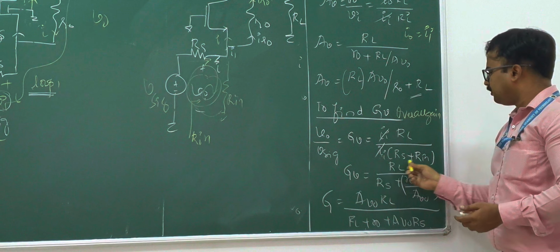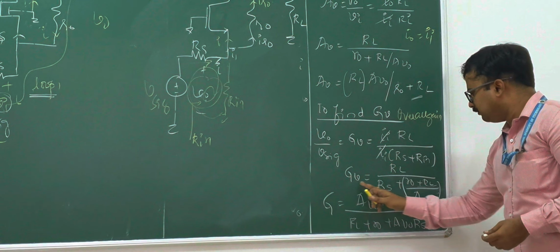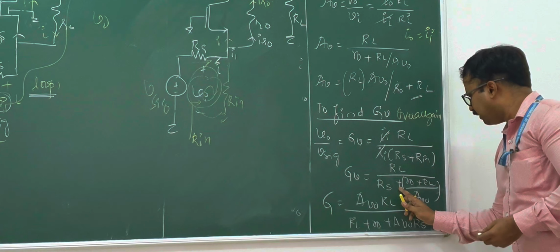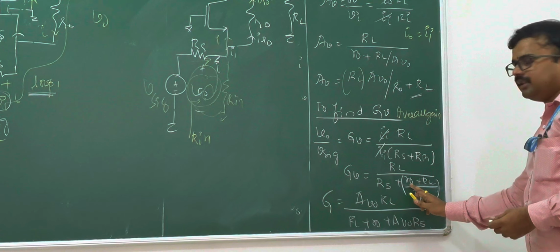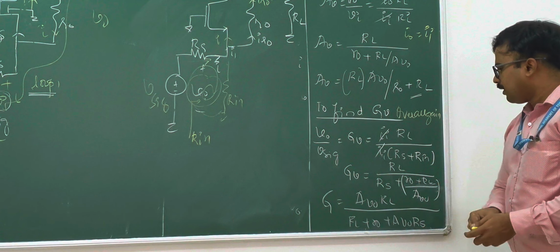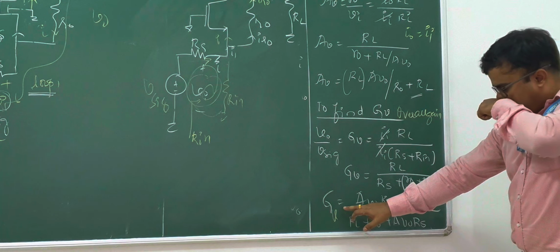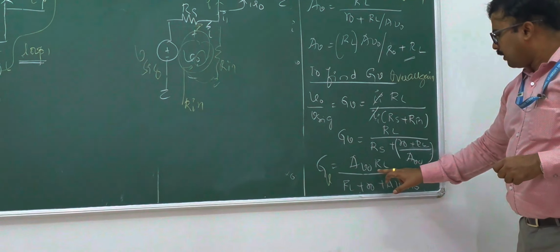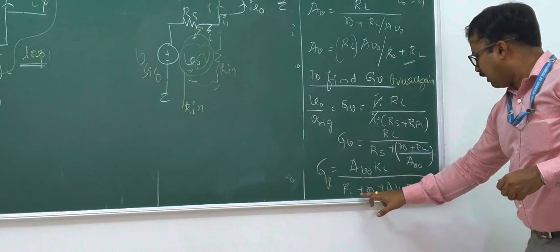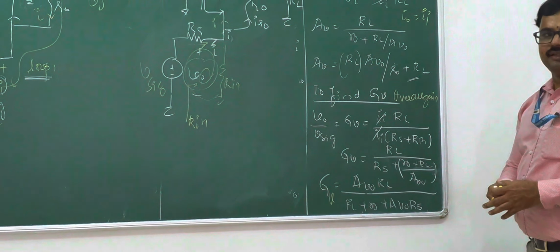Therefore Ii into (Rs plus Rin), and Ii and Ii get cancelled. Gv is nothing but RL divided by Rs plus Rin. What is the value of Rin? Rin is nothing but R0 plus RL divided by AV0. So finally, the overall voltage gain can be written as Gv equal to AV0 into RL divided by RL plus R0 plus AV0 into Rs. This is by taking the LCM.